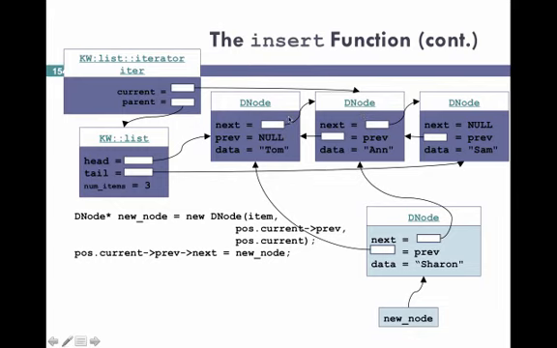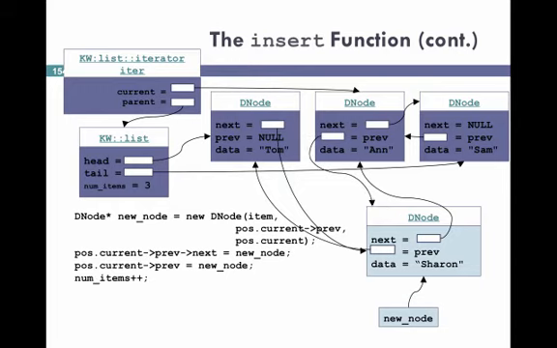Currently it points to Ann, and we want Tom to now point to the new node. And then we have to update this previous, who used to point to Tom, and point that to the new node. And then we increment the number of items to go to 4, and we return an iterator that points to this new node.